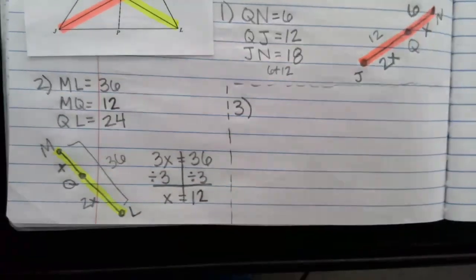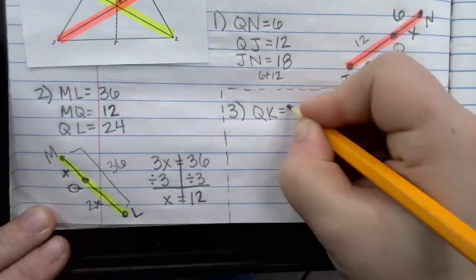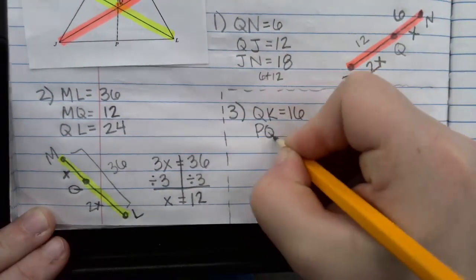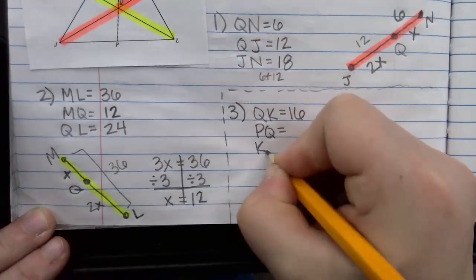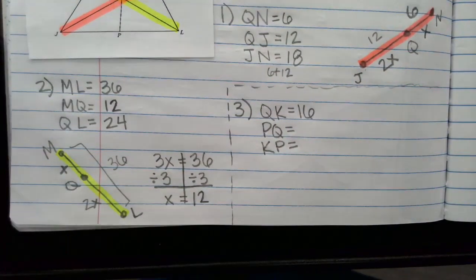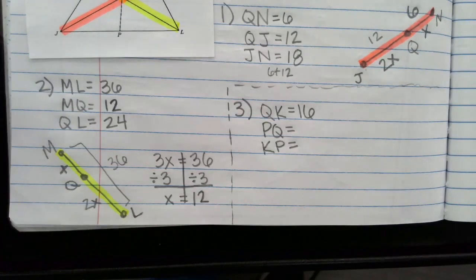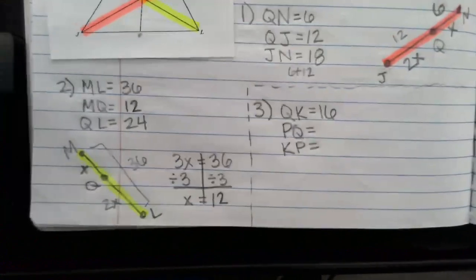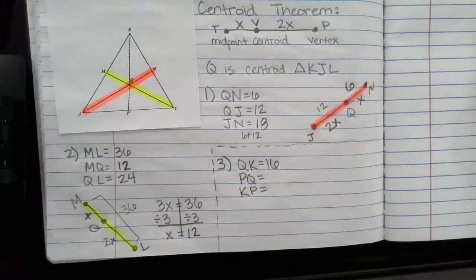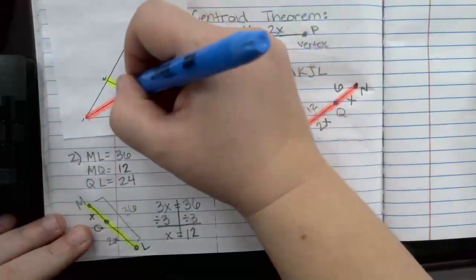All right, number 3, we know QK is 16. I want to find out what is PQ and KP. All right, so last color highlighter, so switch around with people. All right, this time, again, we're going to locate in our triangle where KQ is. KQ or QK is kind of this top part.